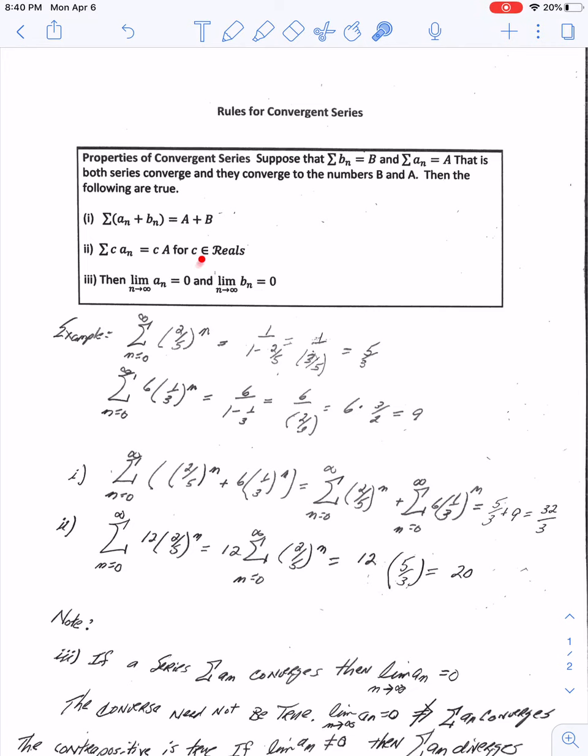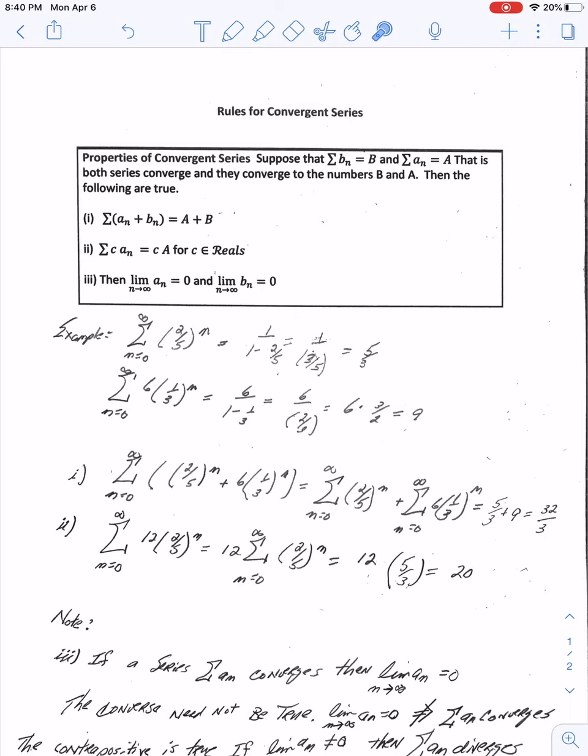Okay, now let's look at a case of part 2. Suppose I wanted to compute the summation of, here's my terms, 12 times 2/5 to the n. Well, one way I can do that is, what this really says is that I can factor out that constant 12.